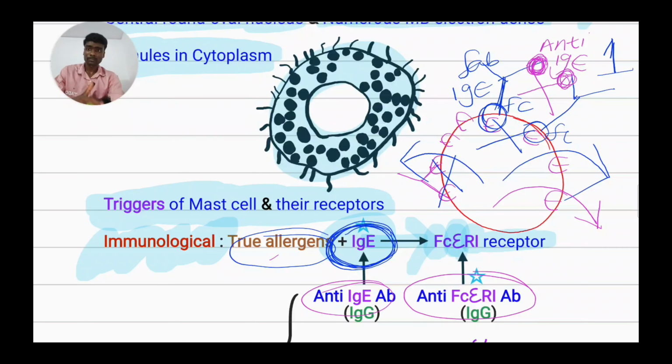Clear? IgE antibody in response to a true allergen. Anti-IgE antibodies bind to IgE antibody and activate the mast cell. Directly, antibodies act against epsilon receptors and also activate the mast cell.